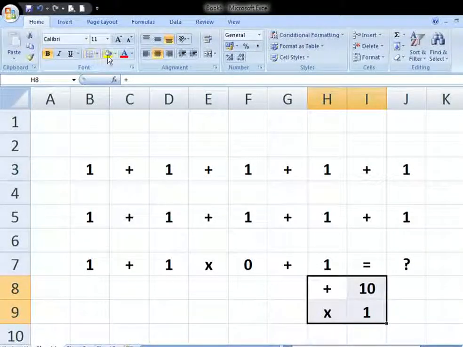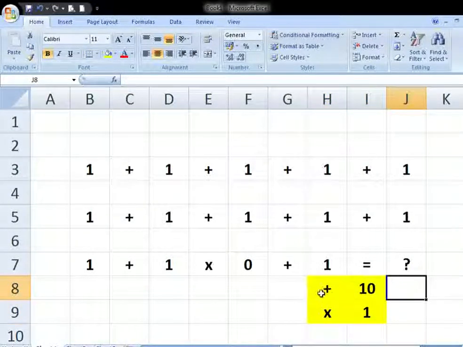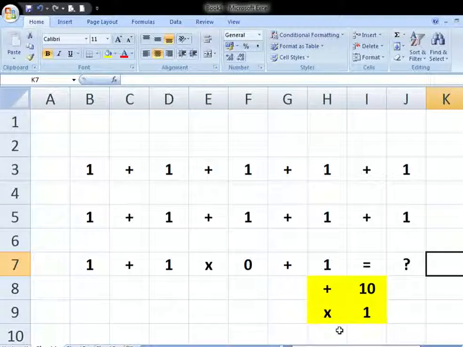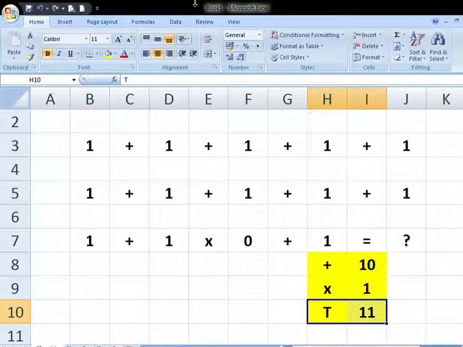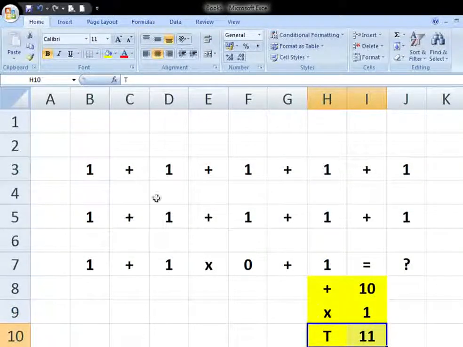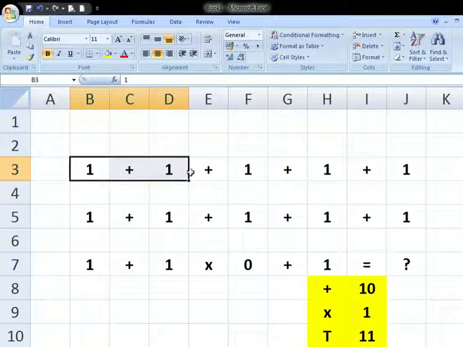So let's just color it. There you go. So we can't have more than this. We can't do more than 11 functions. Total 11. So let's start now. Let's take this part first.